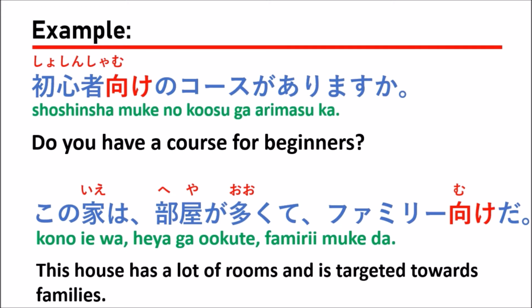In Japanese, you can say family. Family muke, which means for families, or intended for the family, right?